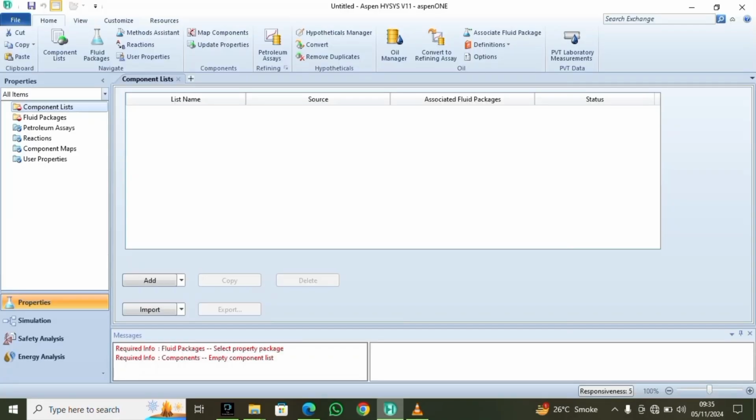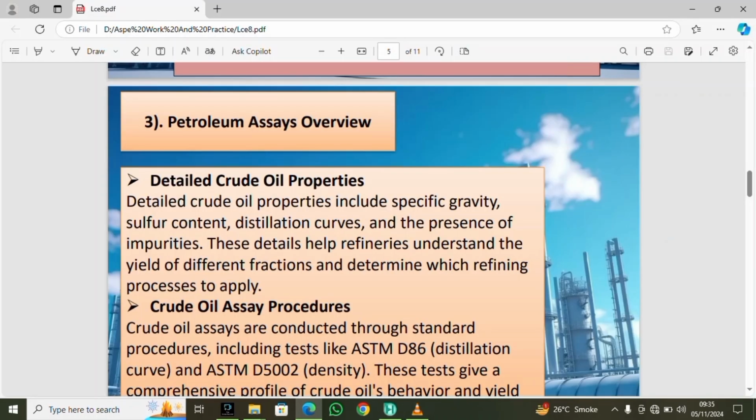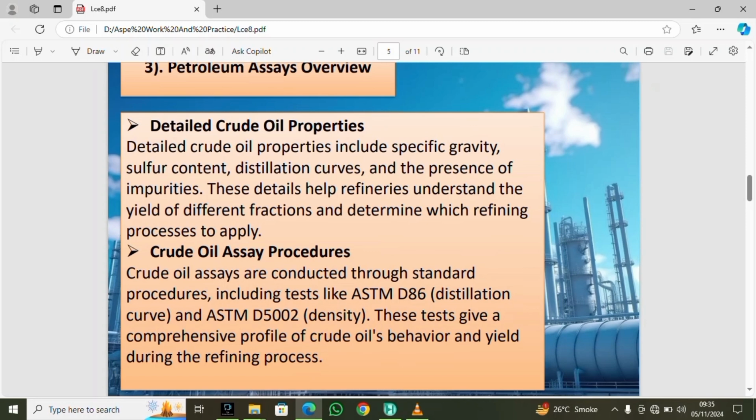Petroleum assays overview. Detailed crude oil properties include specific gravity, sulfur content, distillation curves, and the presence of impurities. These are very important properties of crude oil composition. These details help refineries understand the yield of different fractions and determine which refining process to apply.